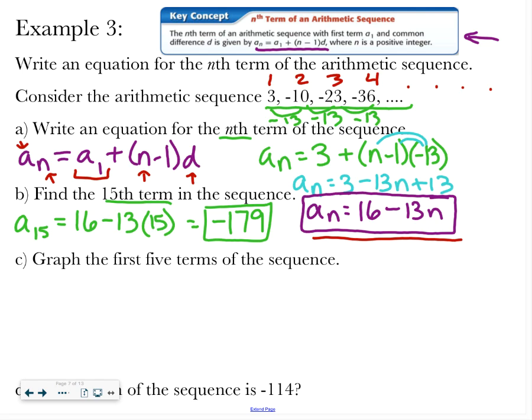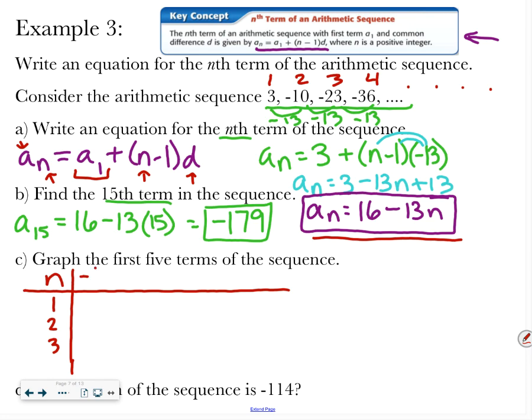Okay, so then if I ask you to graph the first 5 terms of the sequence, the way that looks is something like this. We start with an n column. We're going to make a table. And I'm going to talk about the first term, second term, third term. I'm not going to have enough room to do all 5 here. So I'm just going to show you the first 3. And I know you guys can continue from there.